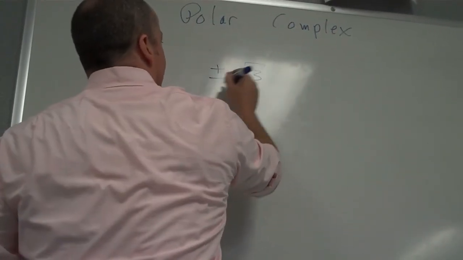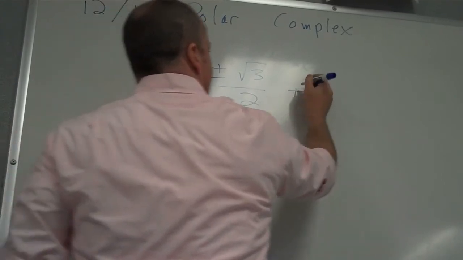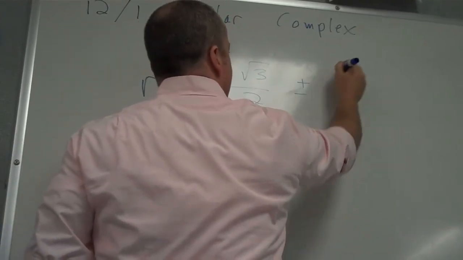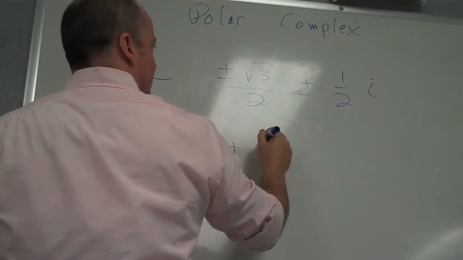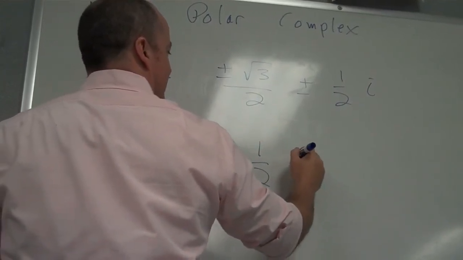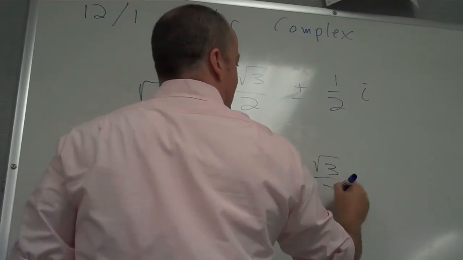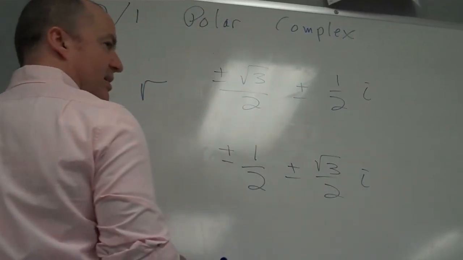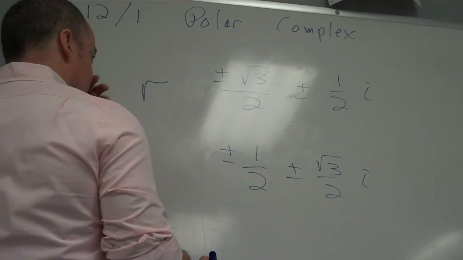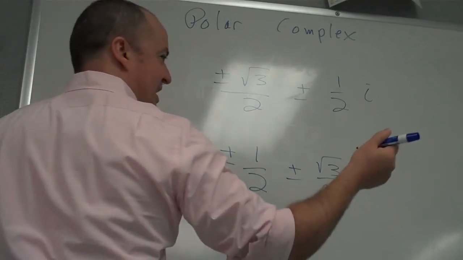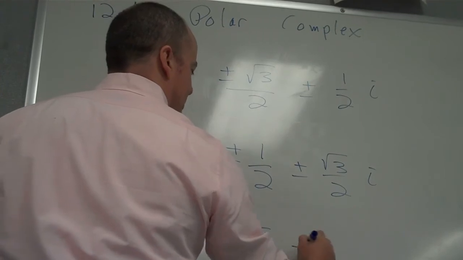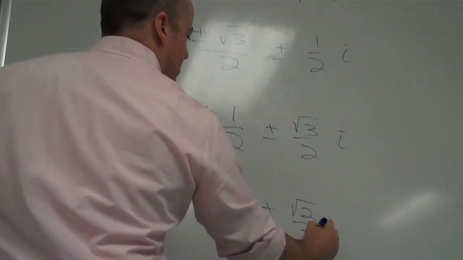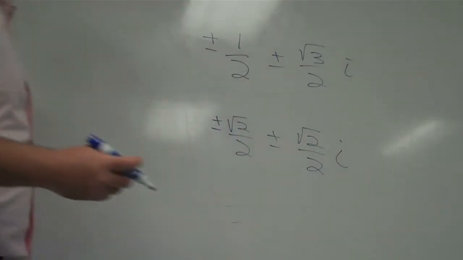Either plus or minus root 3 over 2 plus or minus 1/2 i, or plus or minus 1/2 plus or minus root 3 over 2 i, or plus or minus root 2 over 2 plus or minus root 2 over 2 i.